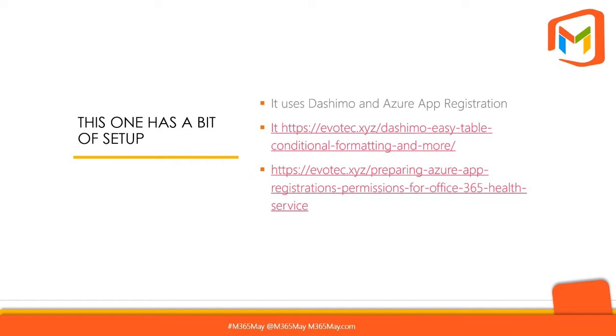Not overly hard, but you need to go into your Azure AD side of things and do an app registration, because it means that you can put that into a scheduled task. It doesn't require you to sit there and log in every time you run it. So it just means that you can spit it out on a schedule and email the output to a customer. Nice. What does it look like?